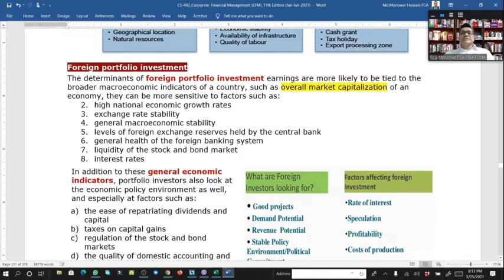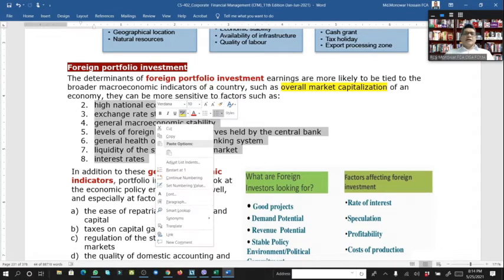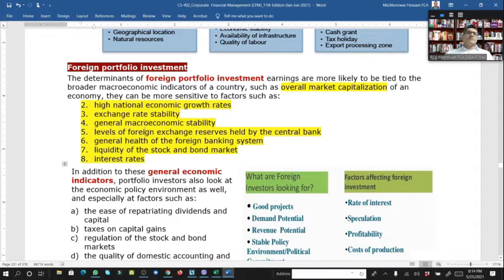They can be more sensitive to factors like high national economic growth rate, exchange rate stability, general economic stability, level of foreign exchange reserves held by the central bank, general health of the banking system, liquidity of the stock and bond market, interest rate, etc. These are also factors we have to think about for foreign portfolio investment.